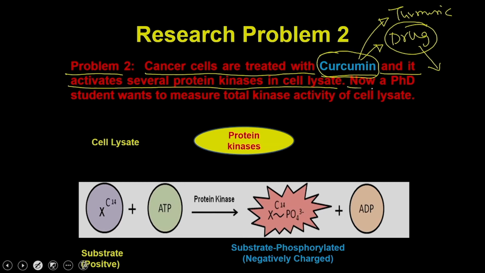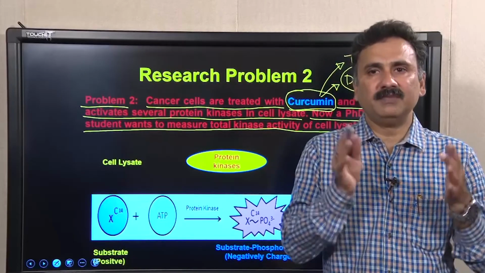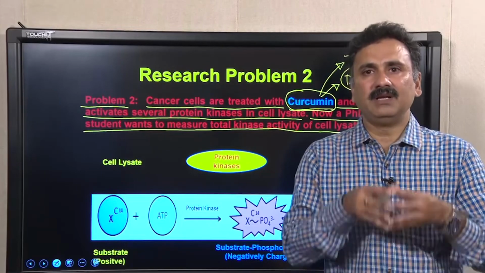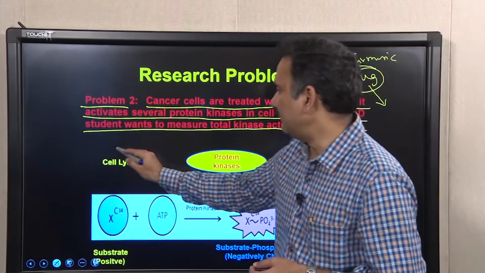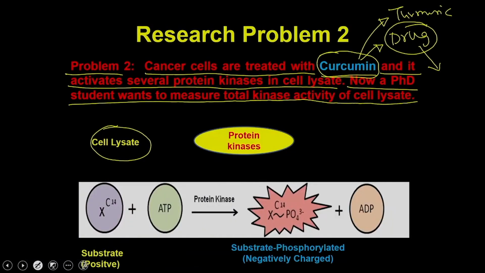Now, a PhD student wants to measure the total kinase activity of the cell lysate, which means the objective is that the student wants to measure the kinase activity present in the cell lysate. Now, what do you have? You have the cell lysate which contains different types of protein kinases, and what are these protein kinases doing?